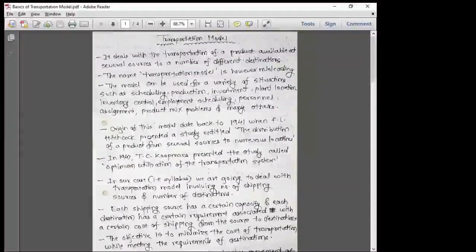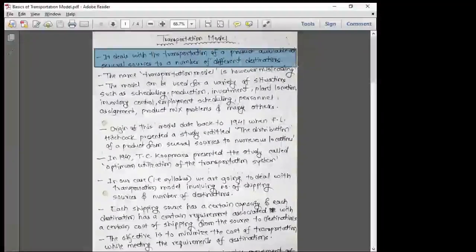Now this is what I've told here: firstly, a very simple understanding of the transportation model, that it deals with the transportation of a product available at several sources to a number of different destinations. Particularly the word transportation comes in, but the name transportation model is misleading.